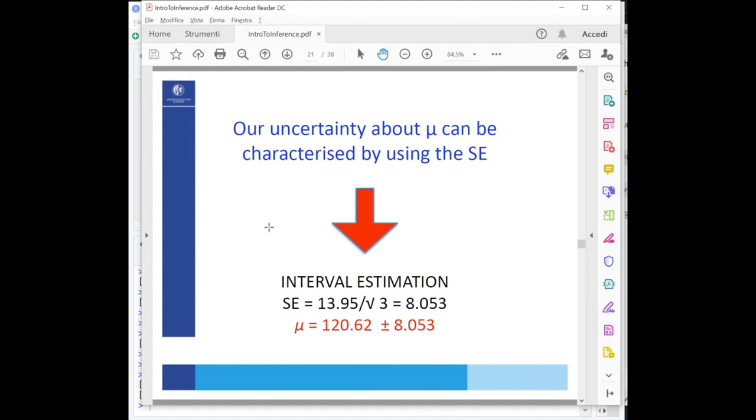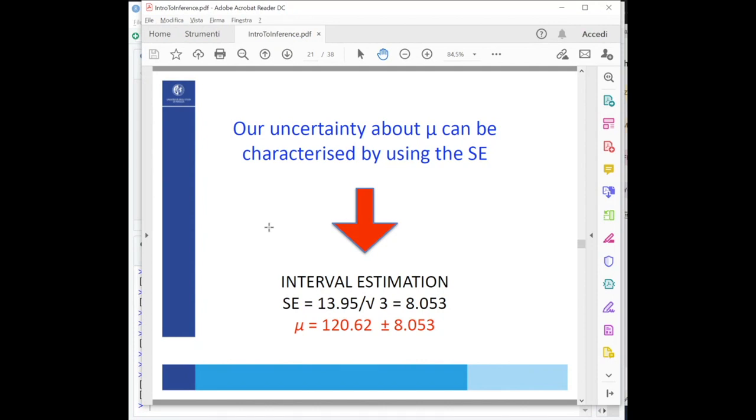And this is what we do in statistics. We cannot avoid doing this because we are always uncertain. And how do we express our uncertainty? We express it by using the standard error, that is the standard deviation of the sampling distribution.